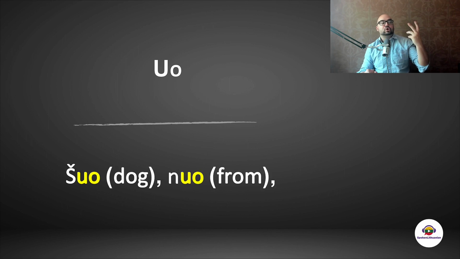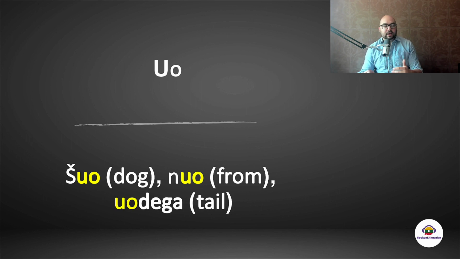Like, for example, šuo, a dog, right? Or nuo, from, away from. Or uodega, a tail. For example, a tail of a dog would be šuns uodega, šuns, because this is a different case, right? Tail.